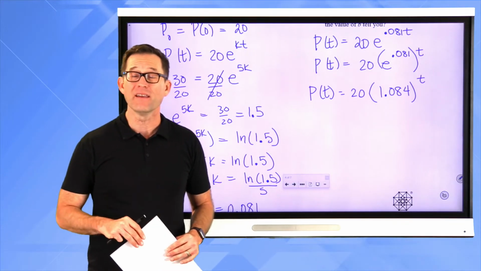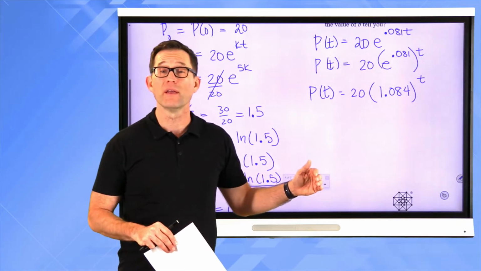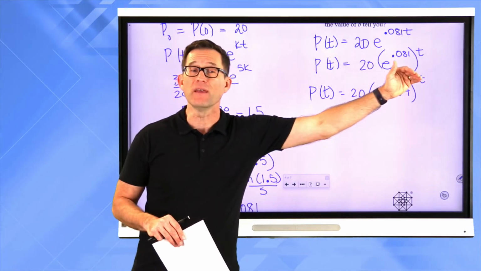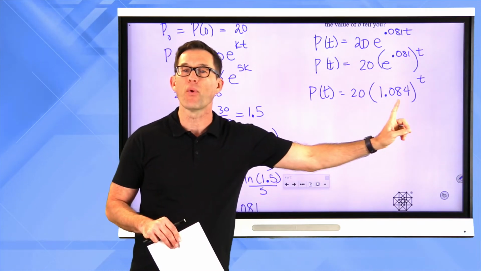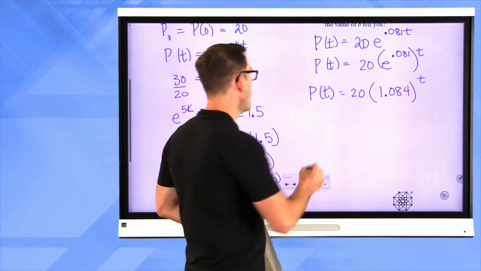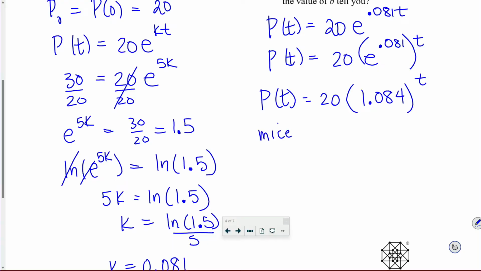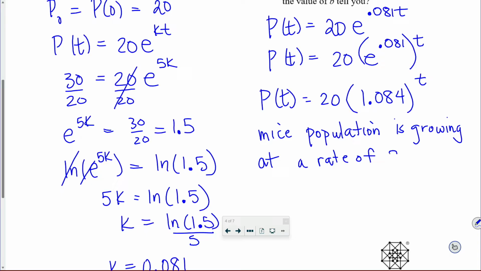Well, keep in mind, anytime that we've got an exponential model written in the form a times b to the t, we should be able to look at this value and say, oh, that's 1 plus 0.084, and therefore the mice population is growing at a rate of 8.4% per year, right?